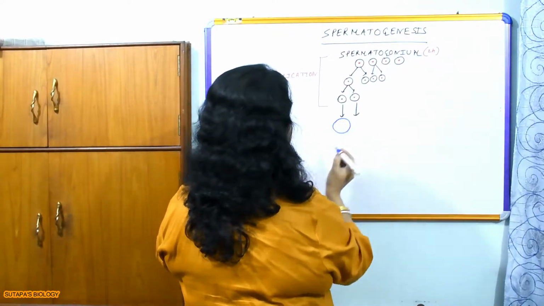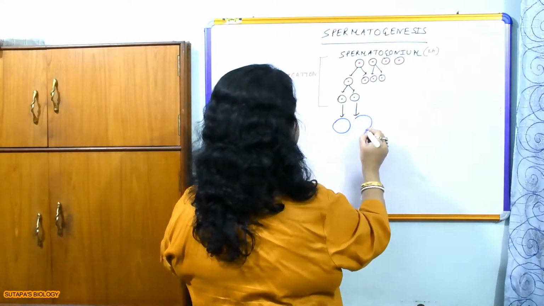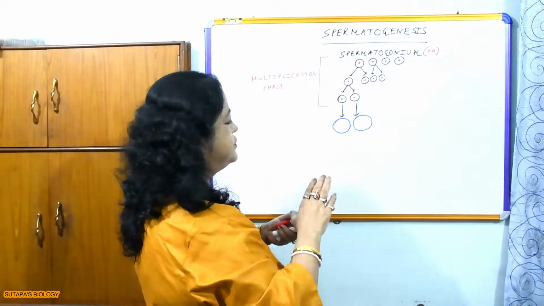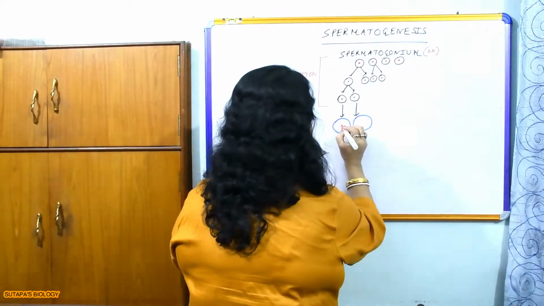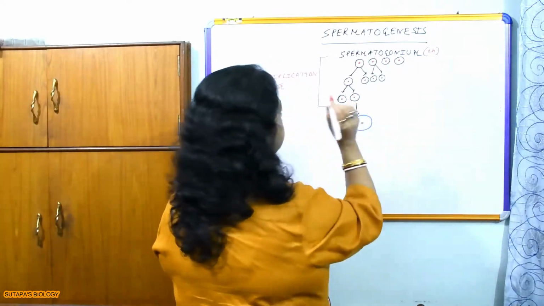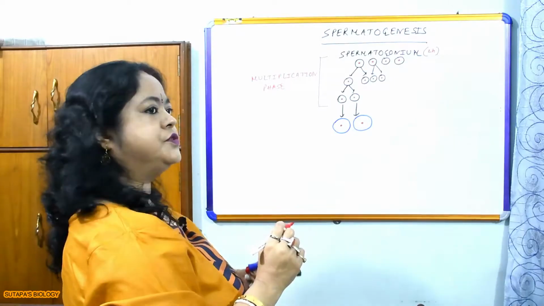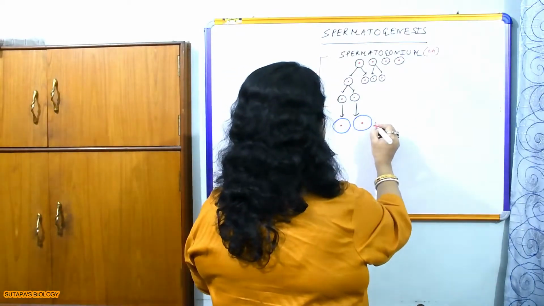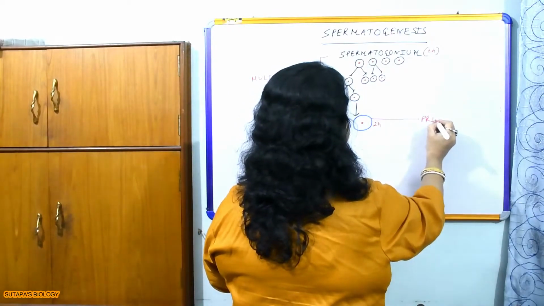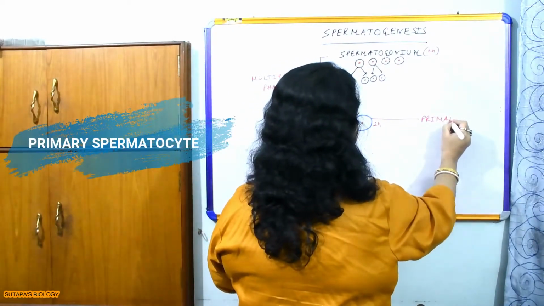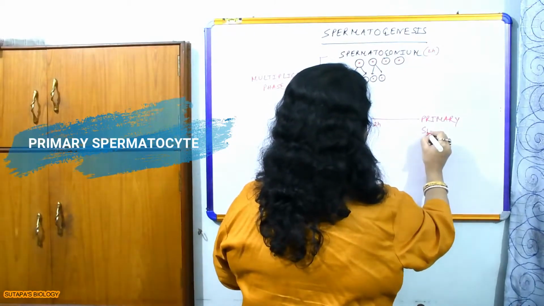So this is known as primary spermatocytes. Their size is quite large. You see that their size is quite larger than the previous one, and these are also twin. These are also twin and known as primary spermatocyte.